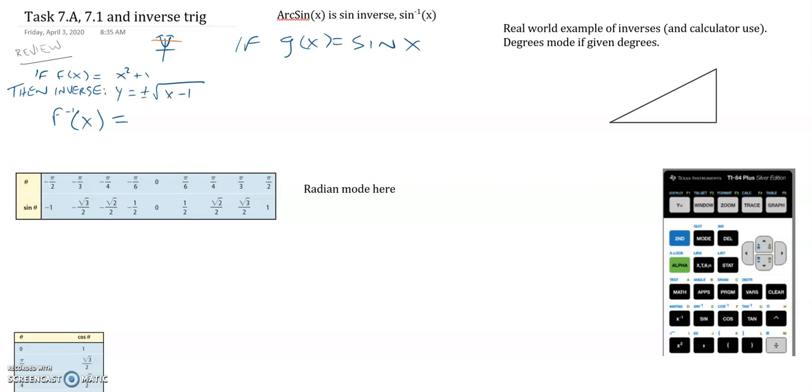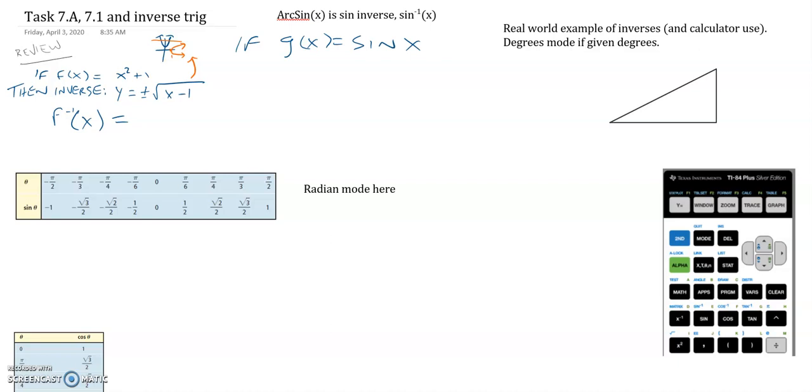If I was to take this graph and flip it over the y equals x line, that's the switching of x and y graphically, then it would have this looking shape and it wouldn't be a function. This technically is the square root graph, plus or minus. Look, it shifted right 1 there.